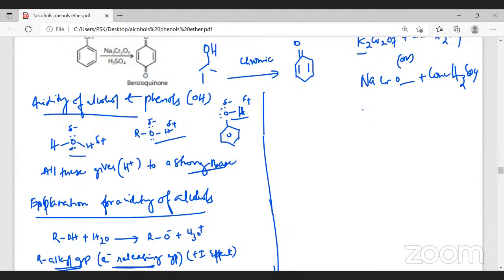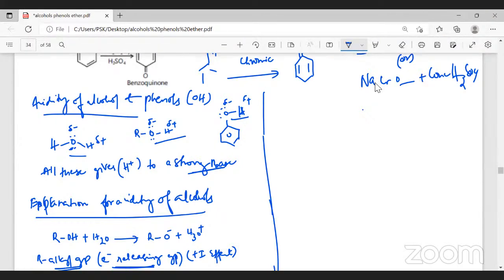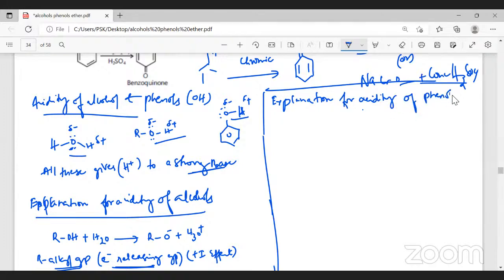But in case of phenols, we will learn the explanation for acidity of phenols. Now, in case of phenols, we represent the phenol molecule like this.